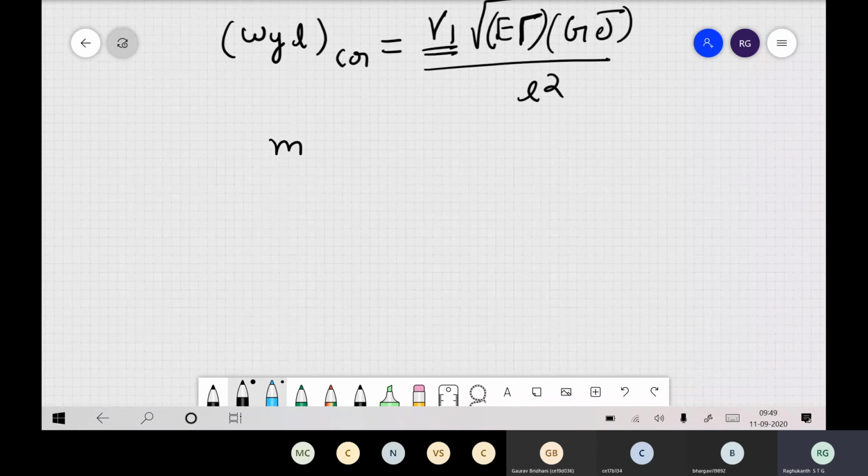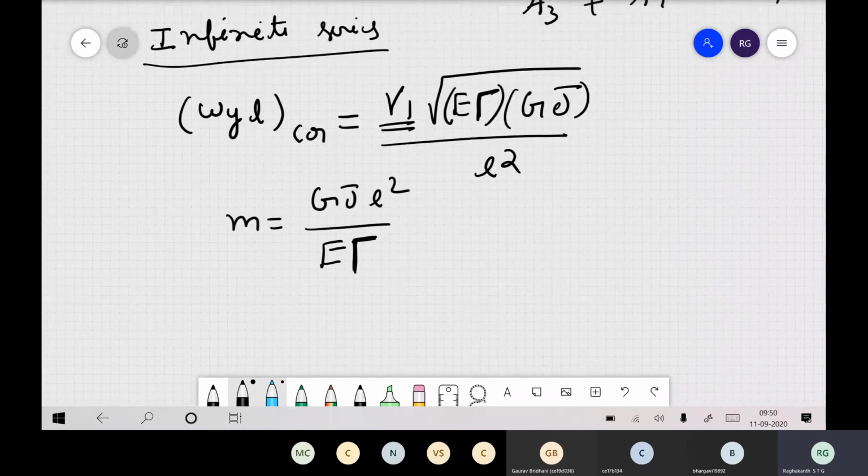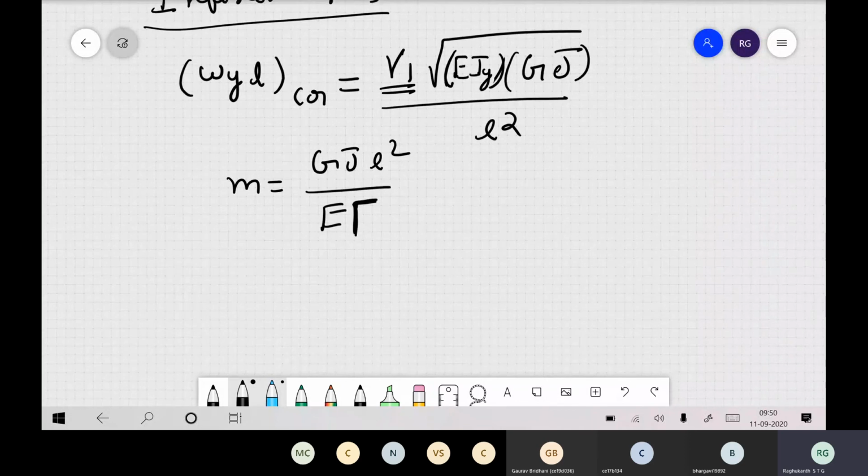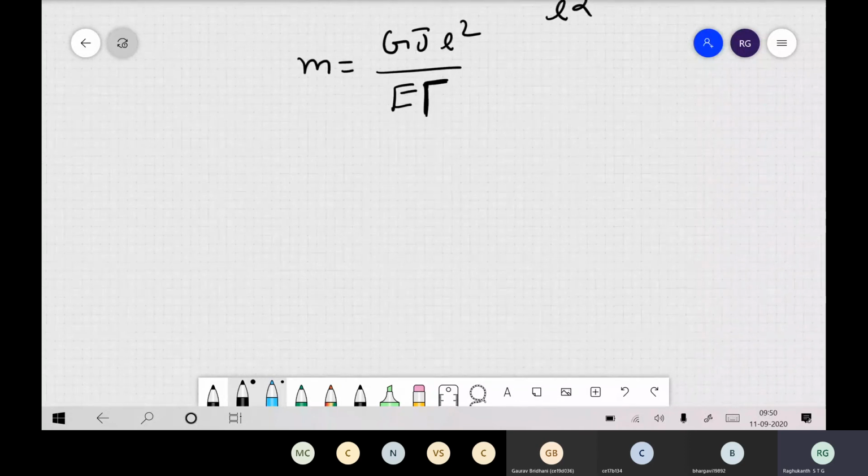And m is a new variable he defines, which is GJ L squared divided by E times the warping. Oh sorry, here it is not warping, I made a mistake; this is the flexural rigidity. So this is our m, and there is a set of tables for a variety of m values, where he gives the load.